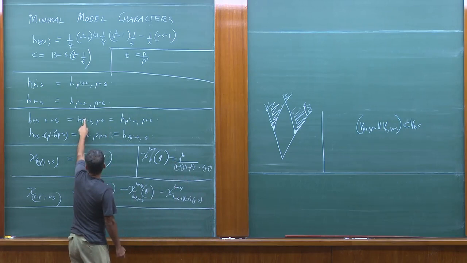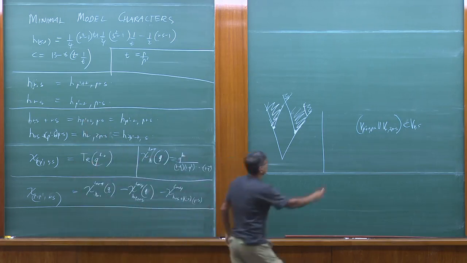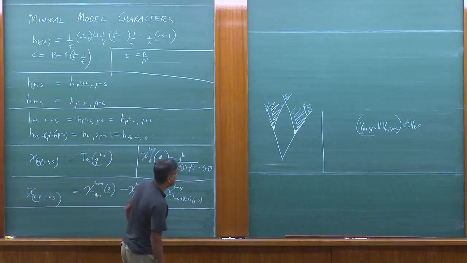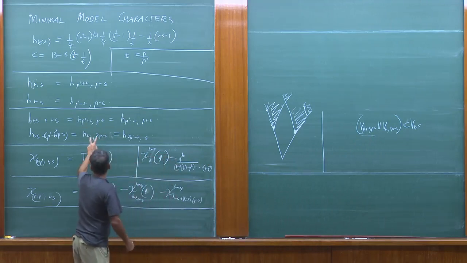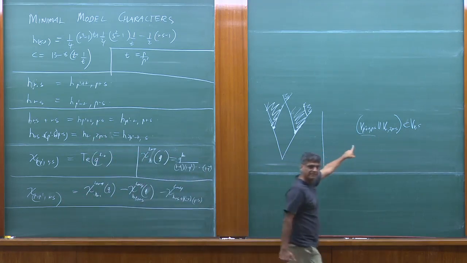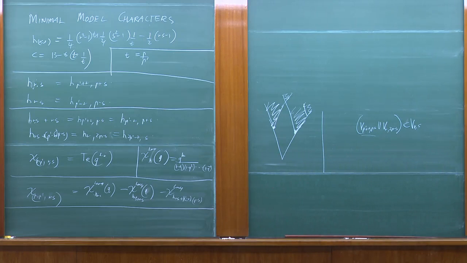This was P prime plus R, P minus S, so this guy was this guy, and R, 2P minus S was this guy. So that this is true is obvious. These are the primary labels for the null states of the original multiplet. Clear?